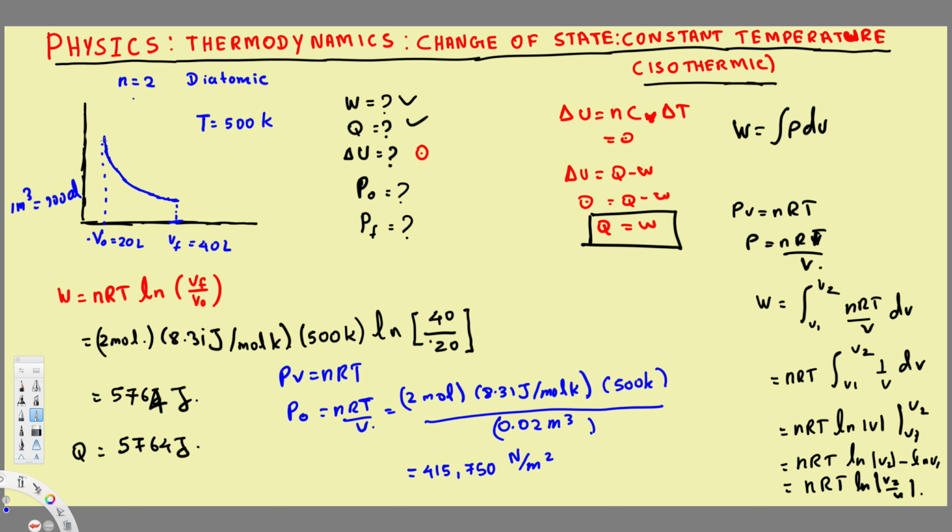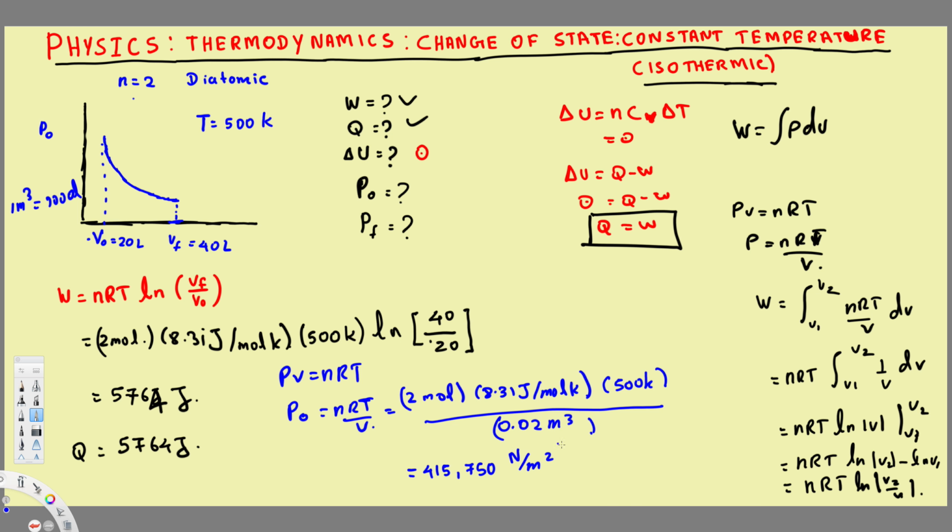Now we have this value, initial pressure P0. To find the final pressure, if you look at the final volume, it is 2 times bigger than the initial. When we divide, we are going to change only the final volume, which is 0.04, right? So it's going to be half of this amount.